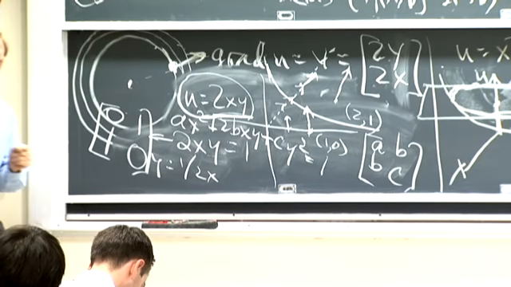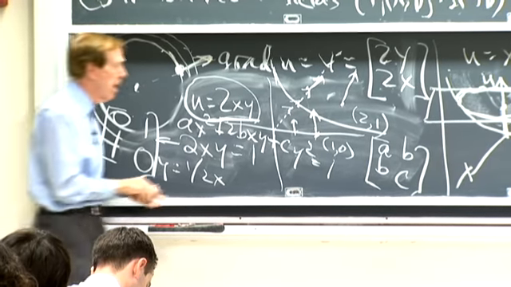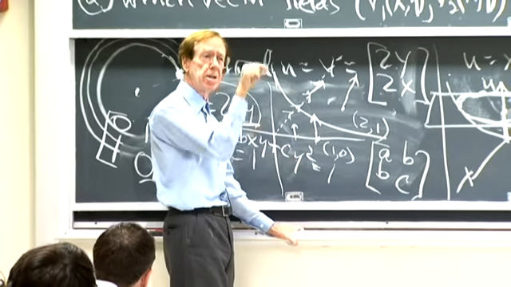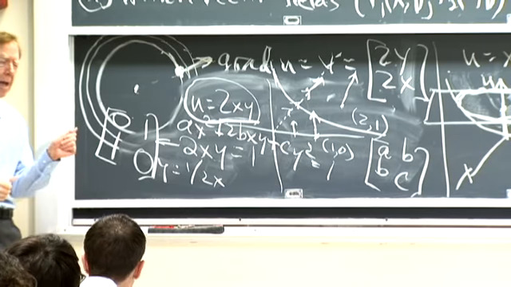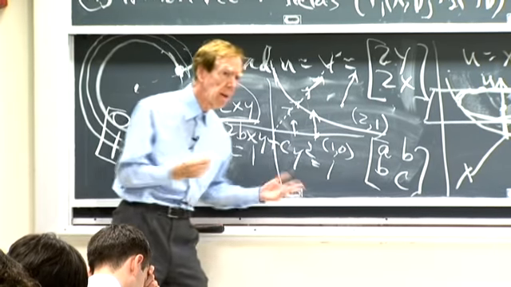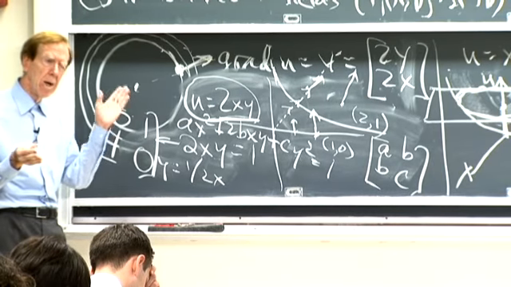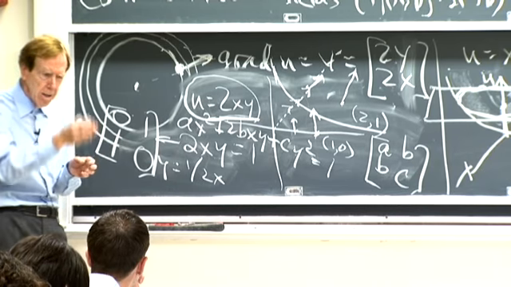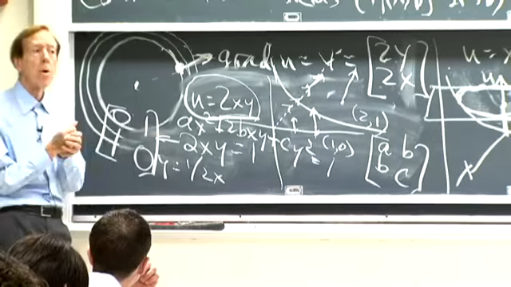What's the marginal case? The marginal case between positive definite and indefinite is semi-definite. Great. And what kind of a curve do you think comes when this little matrix is semi-definite? It's the one in between ellipses and hyperbolas. The marginal guy is a parabola.